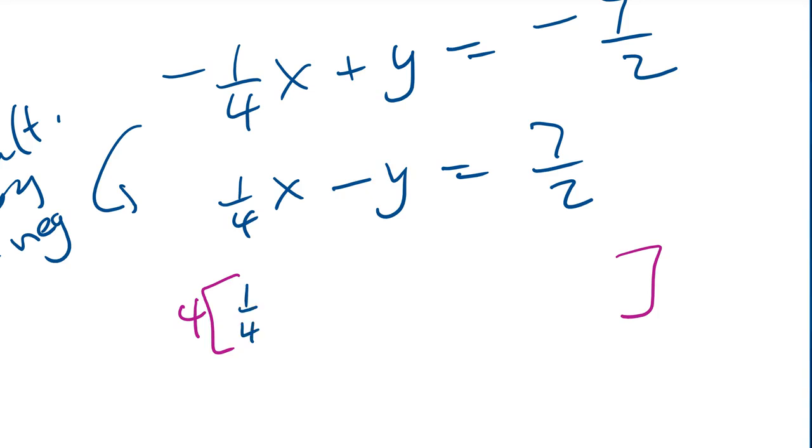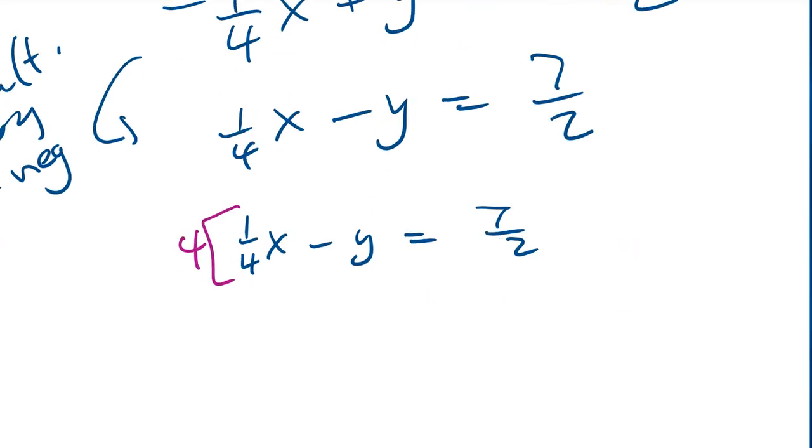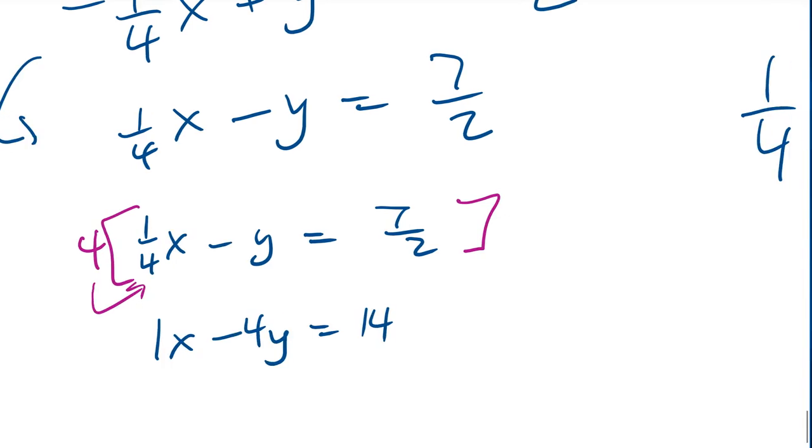This is 1/4 x minus y equals 7 over 2. I know that 4 times the 1/4 gives me just 1x. 4 times negative y is negative 4y. And then over here, I get 14, I think.